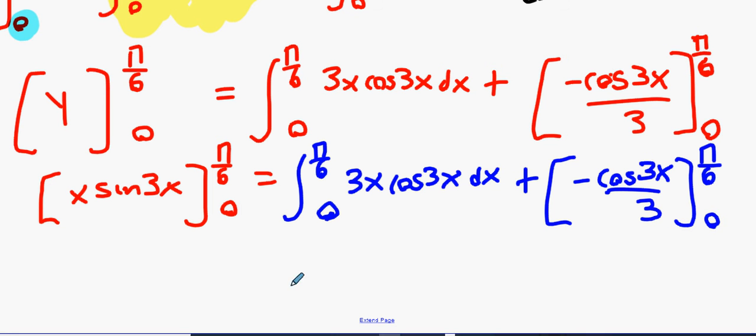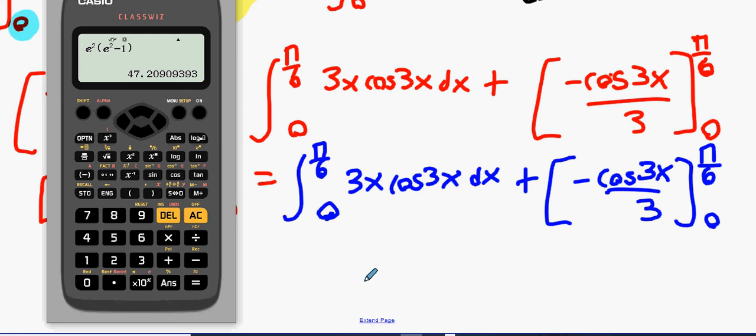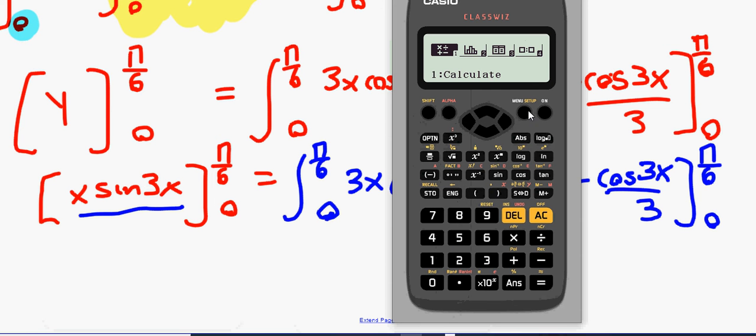Okay, so here's what we're going to do. I'm going to start off with x sine 3x. See that? I'm going to go to my table function, the greatest invention ever in a calculator. I'm going to put down x sine 3x. Now, I also need to make sure my calculator is in degrees or radians.